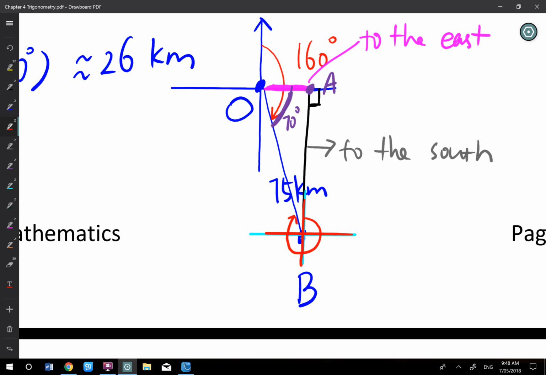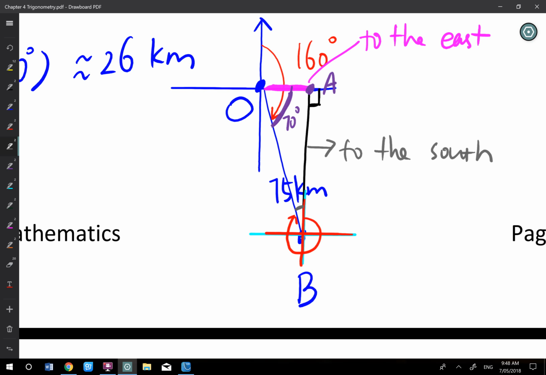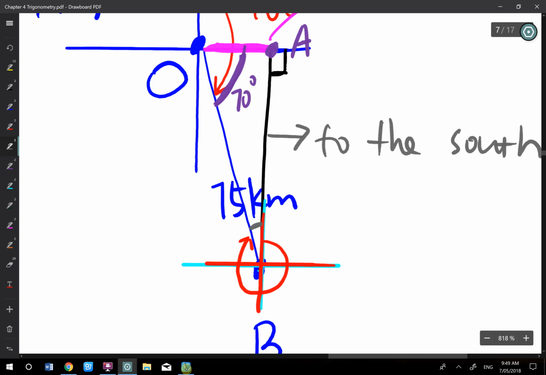What's the size of this small angle here? 20? The small one, this one. That's 70, that's 90, so right angle triangle, so 20 degrees for this small part.